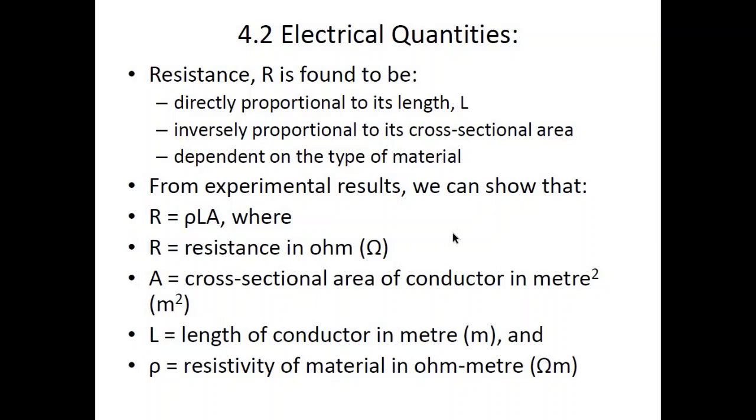From experiment we can show that R equals rho L upon A, where R is the resistance in ohm, A is the cross-sectional area of the conductor in meter square, L is the length of the conductor in meter, and rho is the resistivity of the material in ohm meter. This formula is important from an exam point of view, so you should really learn it.